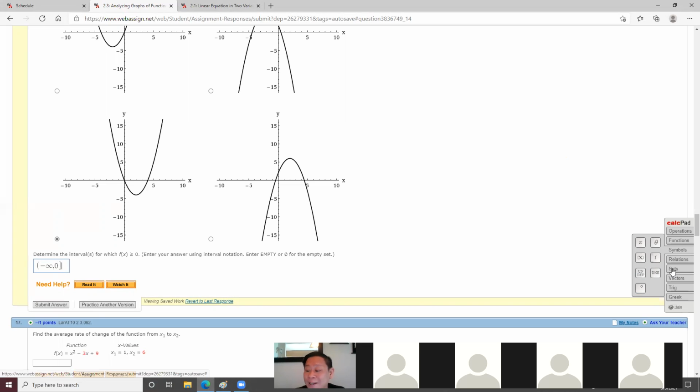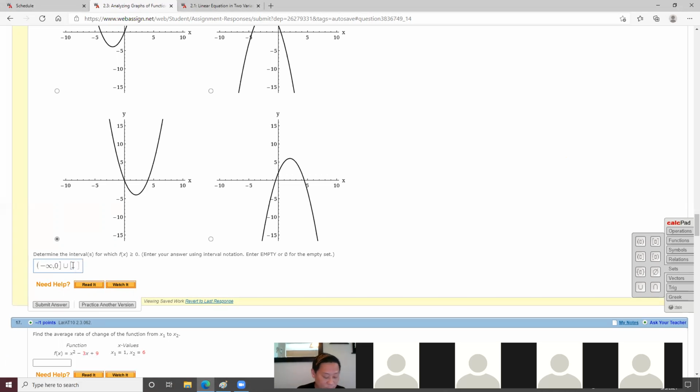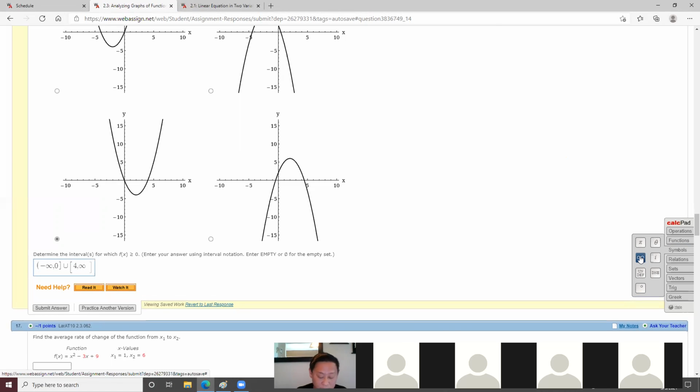You have to go under set. You see the U over here? That is the one we use for the union. And then 4 to infinity, 4 is a bracket, and infinity is the symbol. And then you put parentheses on.